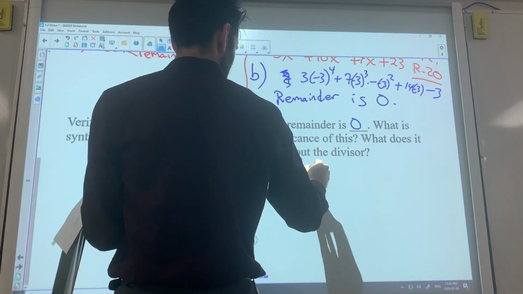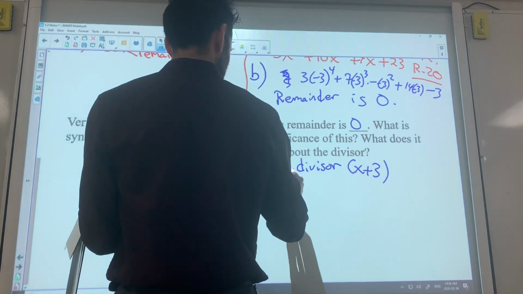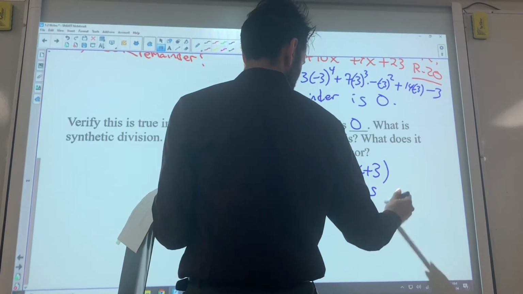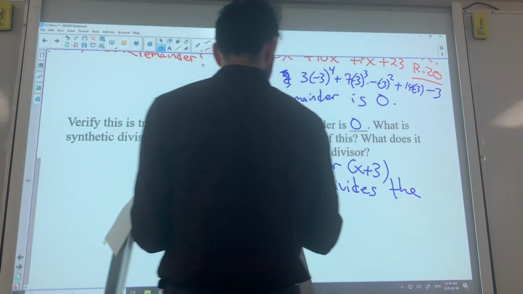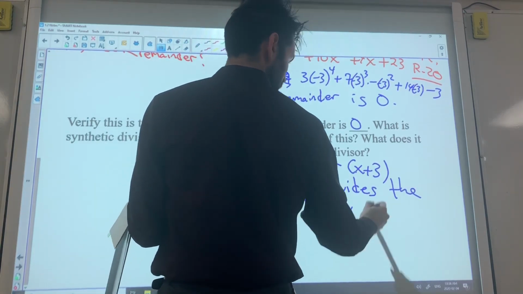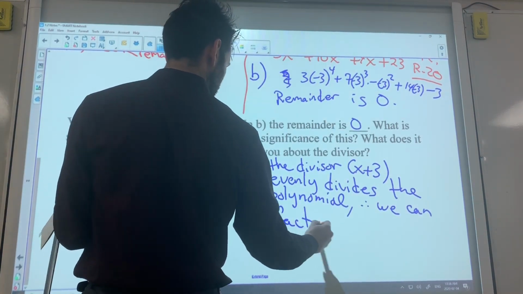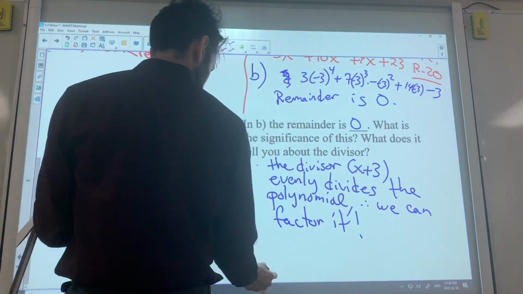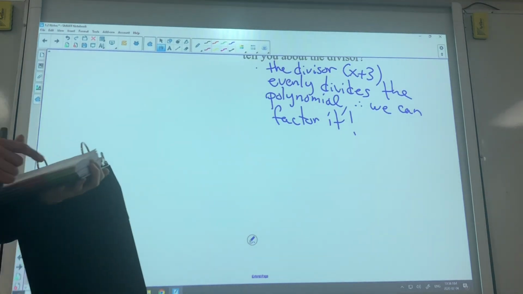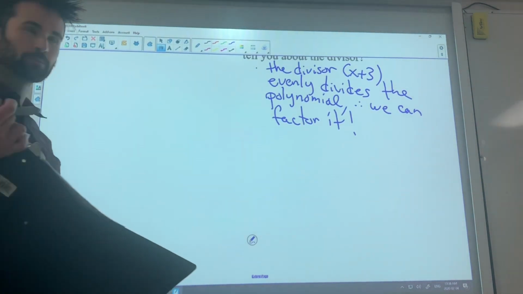So the divisor, x plus 3, evenly divides the polynomial. So therefore, we can factor it. It's amazing. So if the remainder is 0, then it's telling us that that divisor evenly divides the polynomial.